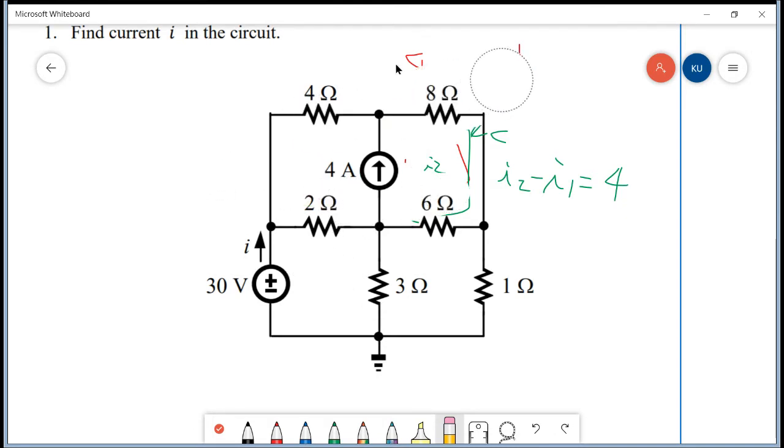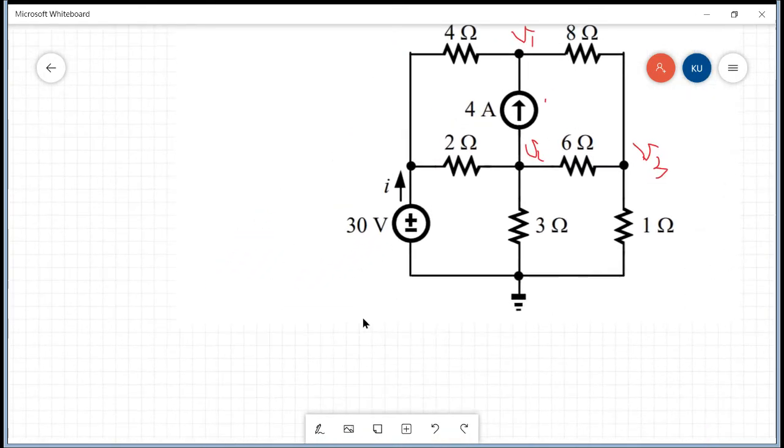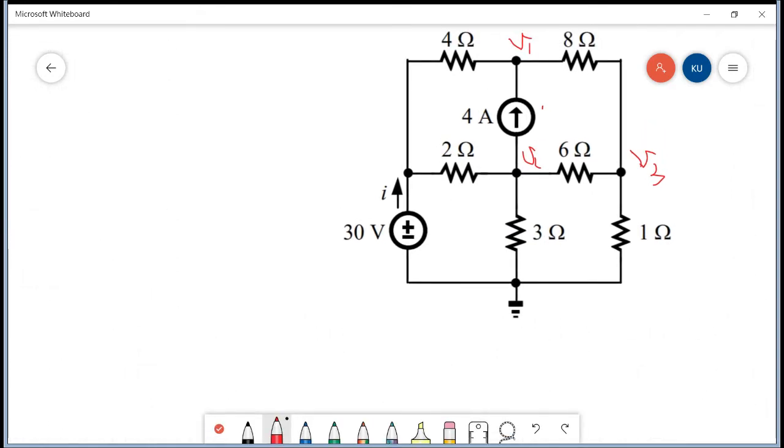And if we use node analysis, similarly, we can assume this one to be V1, node 1, this is V2, and this is node 3. So we can write three node equations. For node 1, the first term is V1 minus 30 over 4, which is the current going out from V1 through this 4 ohm resistor.